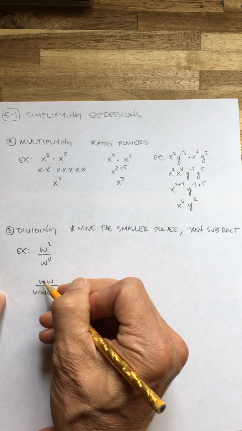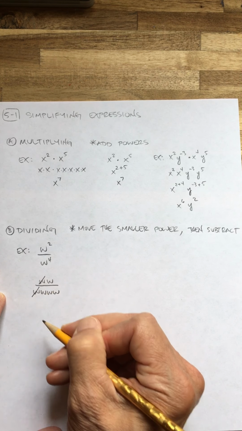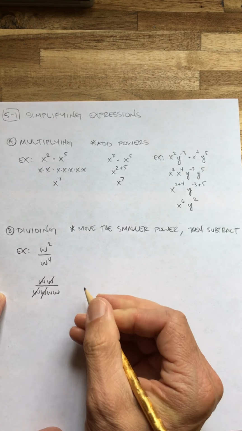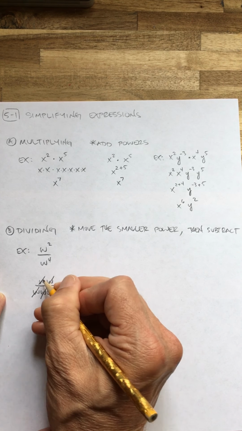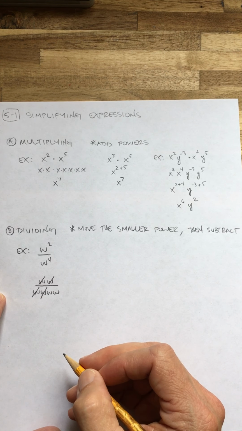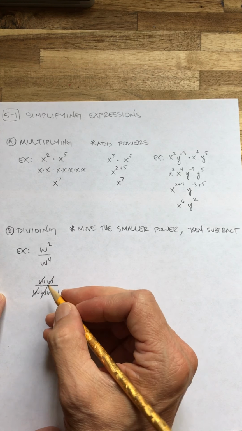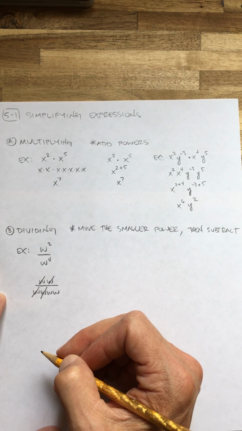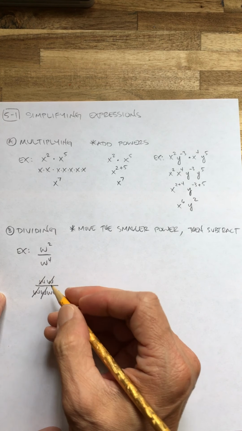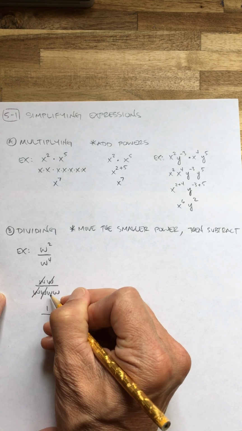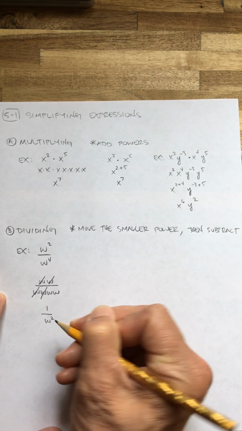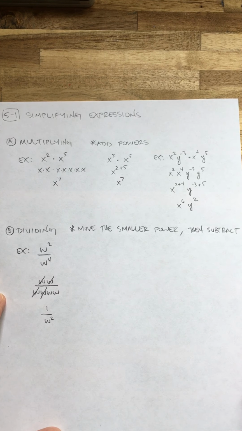Okay, and so basically, can't I cancel one of those with one of those, and one of those with one of those? Which leaves me, what's in the top? If everything canceled, it's not 0. If everything's canceled out, it's like 5 over 5. What does that become? 1 over 1. So if everything cancels, you have a 1 divided by w times w is w squared, right? Okay, so that's what our answer should be.